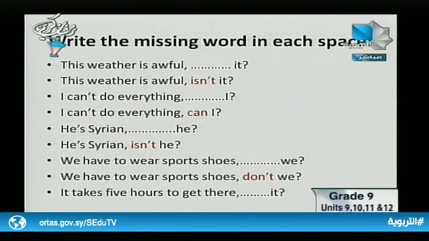"Have to" is an auxiliary verb. But when we want to ask, we cannot say "have we to wear", for example. It's incorrect to say that. We say "Do we have to?" or "Don't we have to wear?" So in the question tag, we should use the auxiliary verb do or don't. Don't we?